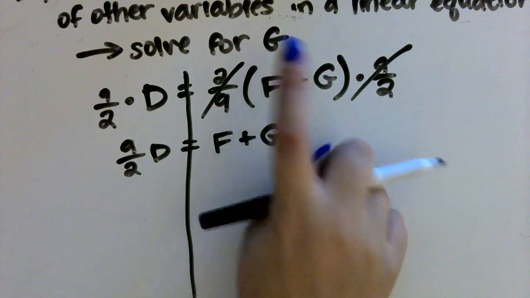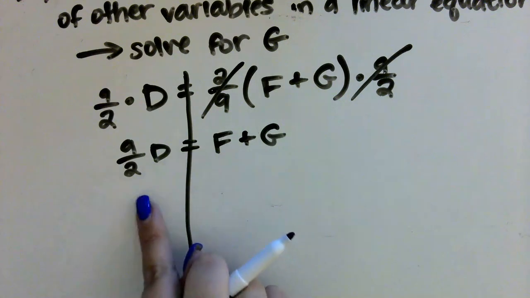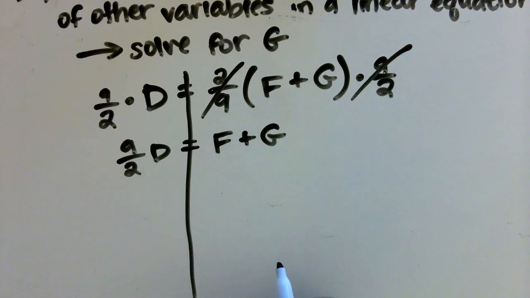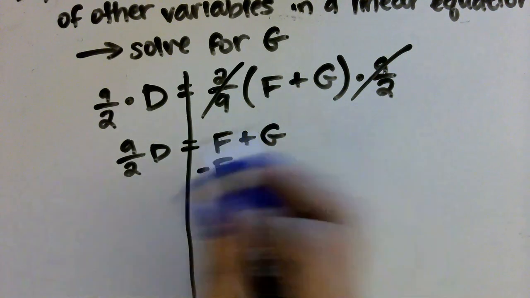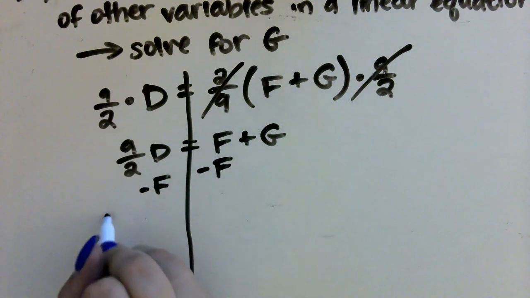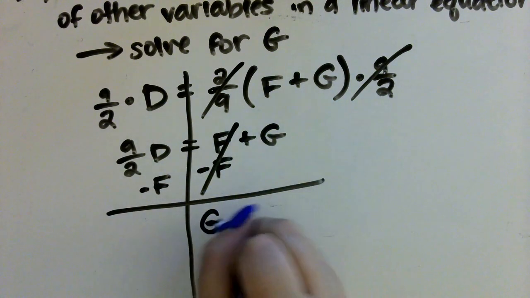And now remember, we are solving for g, so we need to bring the other variable over to the opposite side by using the opposite operation. And remember, this here is a positive because there's no negative. So we need to subtract f from both sides. All we are left with on our right-hand side is g.